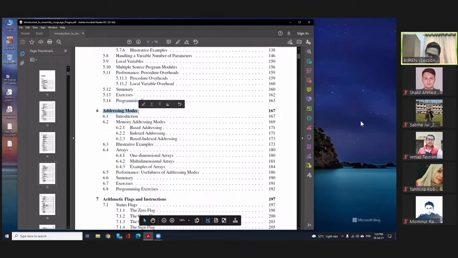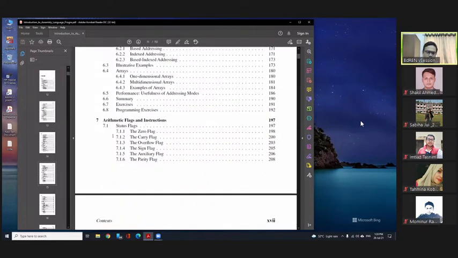Another reason is you are going to learn this addressing mode in your microprocessor course as well, or if you are doing it, you will learn it very soon. So it would overlap the content, and we are trying to avoid topics which overlap each other. Hopefully you will learn this in the microprocessor course.